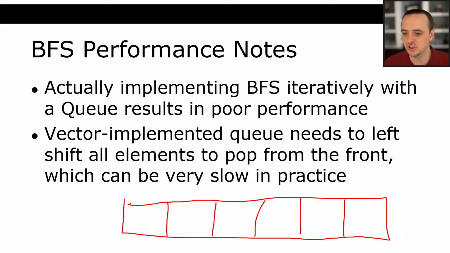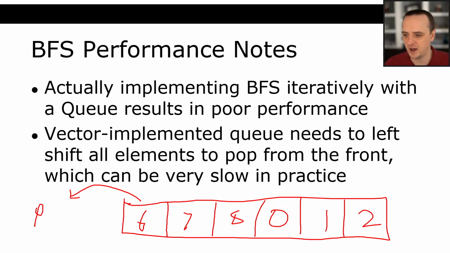And as part of a queue, we may have some values here, right? 6, 7, 8, 0, 1, 2, whatever. So we have a queue, we have some values in there. Now, as part of our algorithm, we want to pop from the queue. Popping from a queue takes the first element and then deletes it. All right? But in practice, this is about the slowest operation that you could do. Okay?